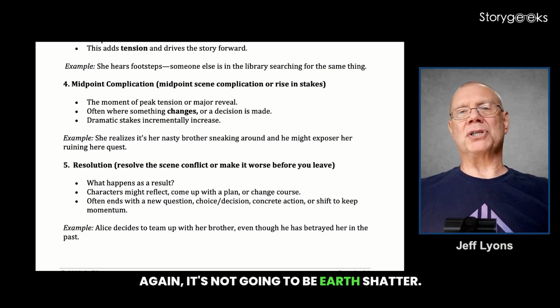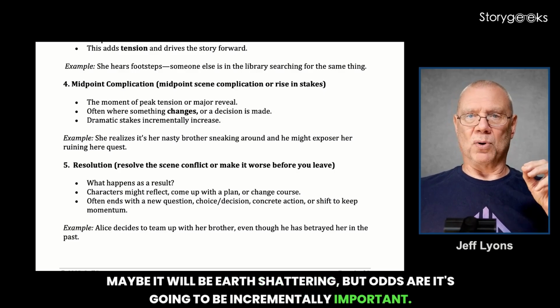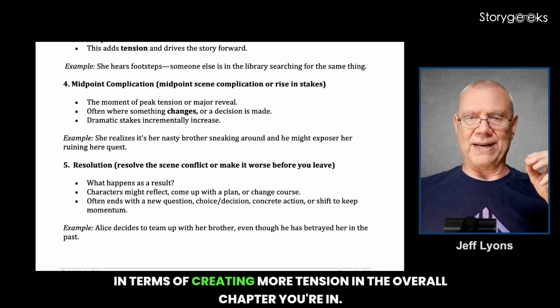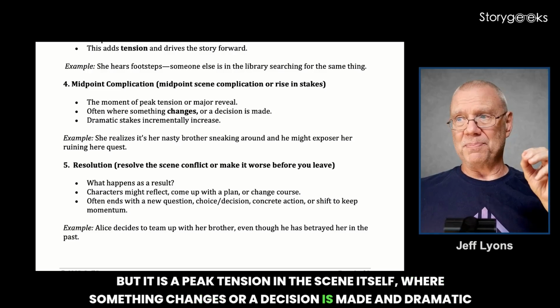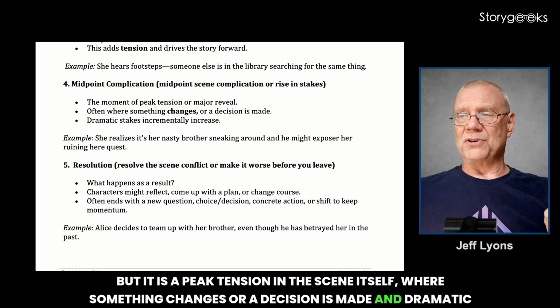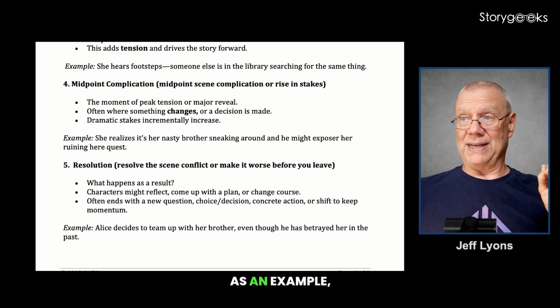Again, it's not going to be earth-shattering. Well, maybe it is, but odds are it's going to be incrementally important in terms of creating more tension in the overall chapter you're in. But it is a peak tension in the scene itself, where something changes or a decision is made, and dramatic stakes are incrementally increased.